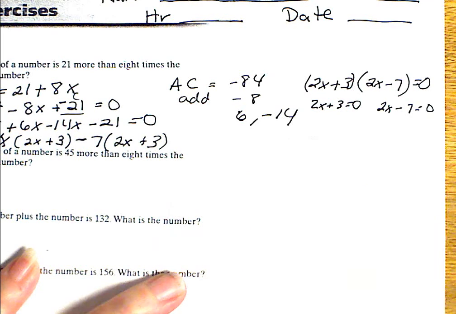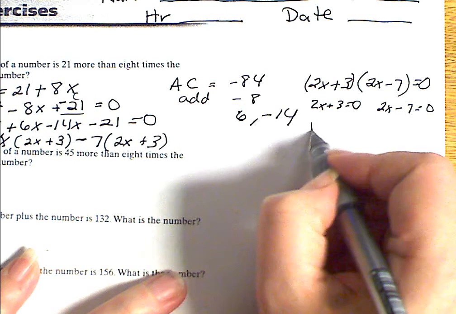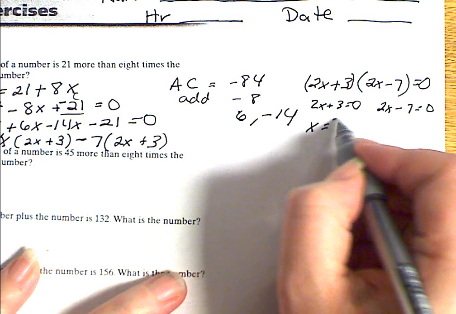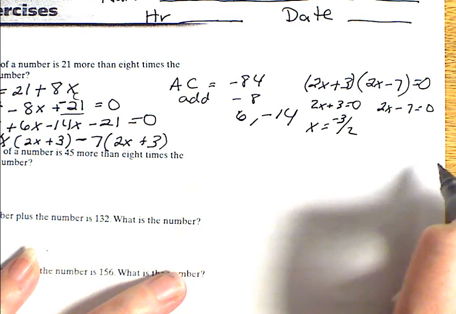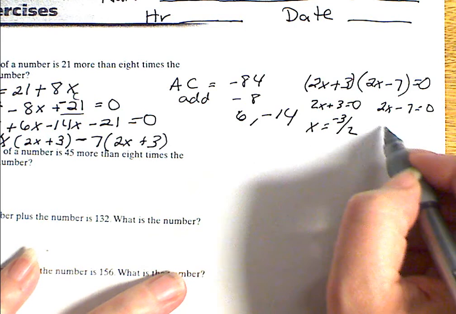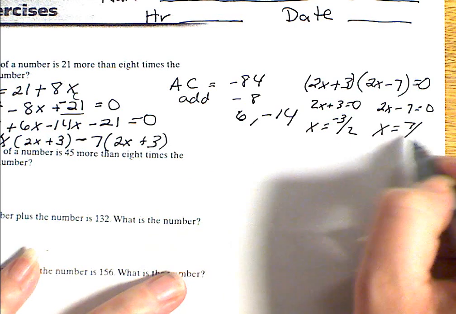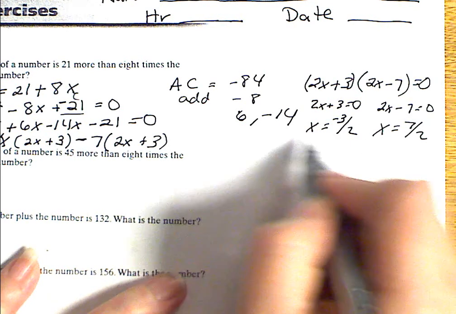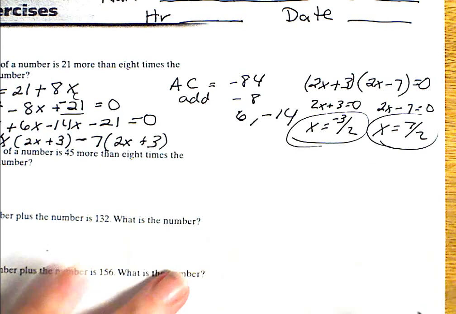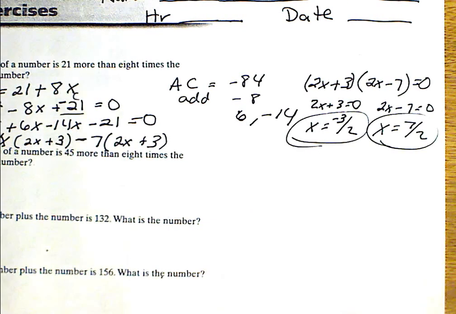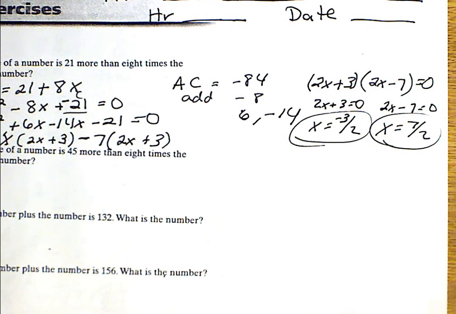So this one we have x is equal to negative 3/2. Add 7 here, divide by 2, x is equal to 7/2. Alright? When we come back, we'll do one of the bottom ones.